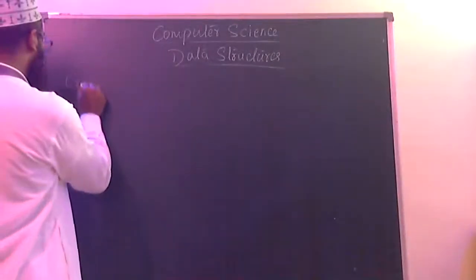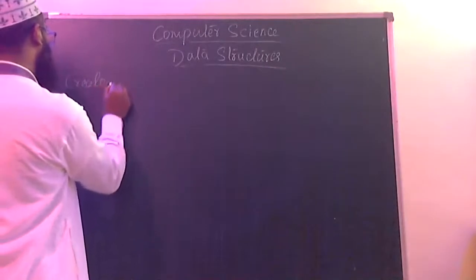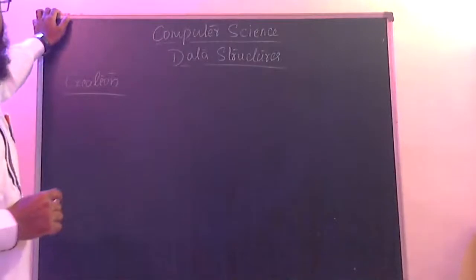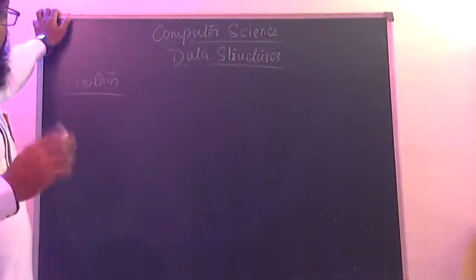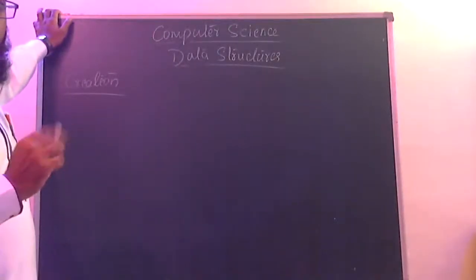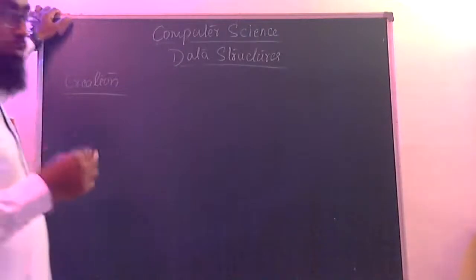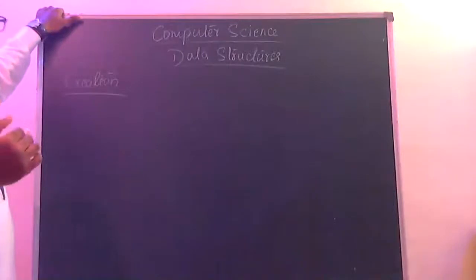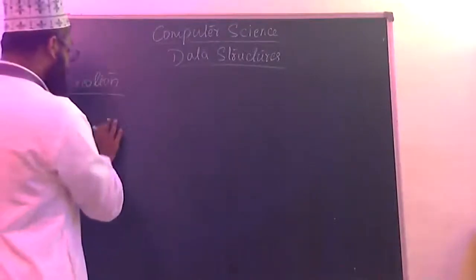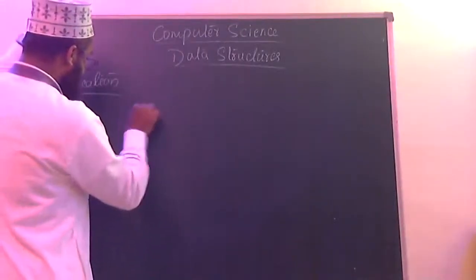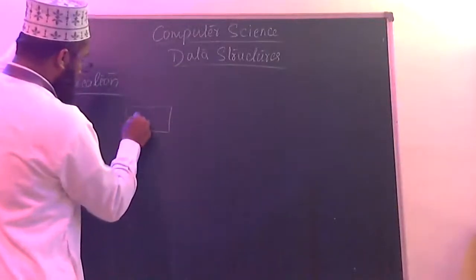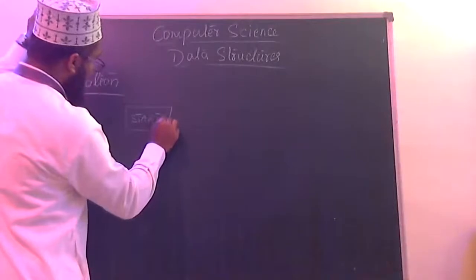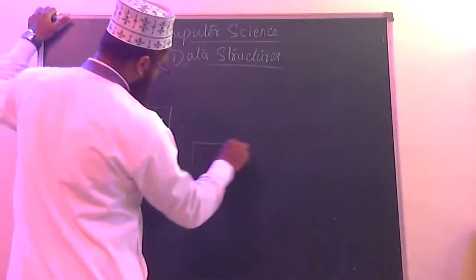Creation. I had shown you while representing a stack using a one-dimensional array. I had shown you using linked list. The same way here, a stack can be created. This can be taken as start. From here we will take one node.